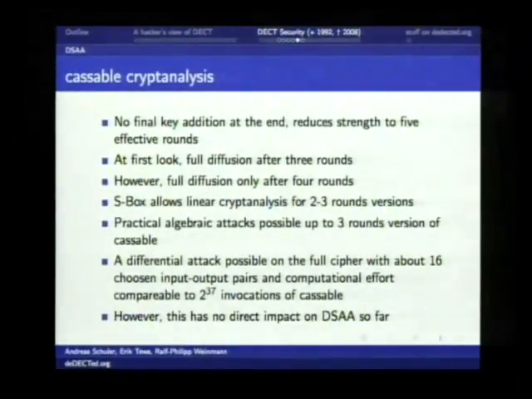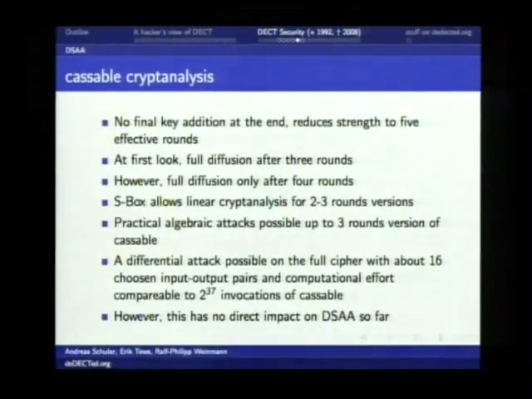And we were able to do some linear cryptanalysis attacks for 2 to 3 round versions of the cipher. We were able to find an algebraic attack which can break 3 rounds of Cassable. And we also have a differential attack on the full cipher, which needs about 16 pairs of inputs and outputs, where you need to choose the inputs.